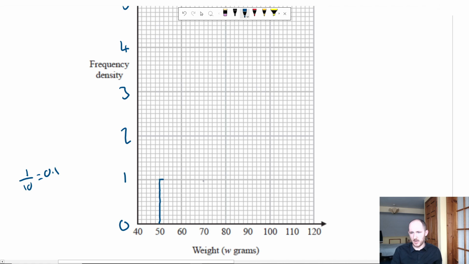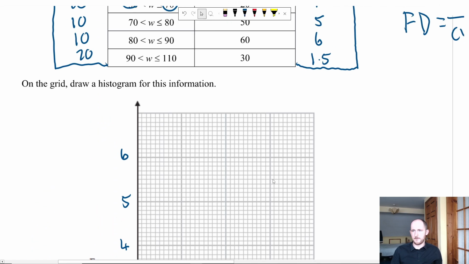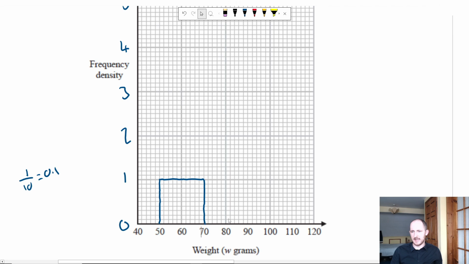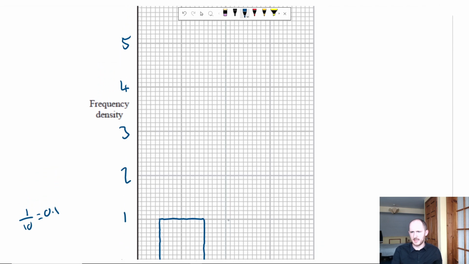And again, I would personally use a ruler, but that would be extremely tedious for me to do right now, so I'm not going to do it. Is that lazy? Yep. 70 to 80 is 5, so 70 to 80, so it's this nice thin piece, is 5, so we're going to go all the way up.